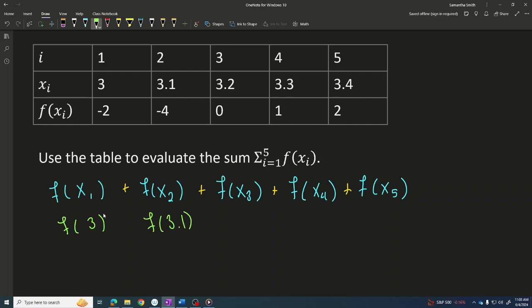If I want to find f of x subscript 2, then I'm looking for f evaluated at an input of 3.1, because 3.1 is the second input. The third input, according to my table, is 3.2. The fourth input, according to my table, is 3.3. The fifth input, according to my table, is 3.4.